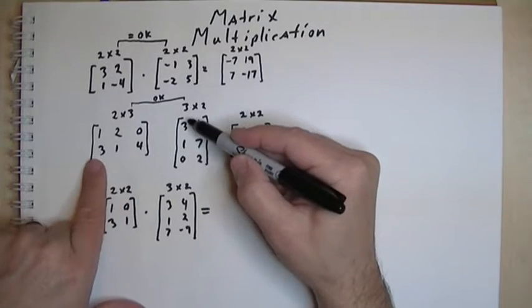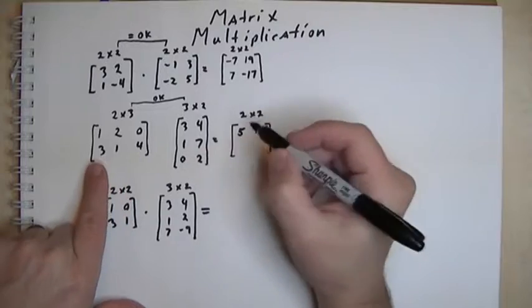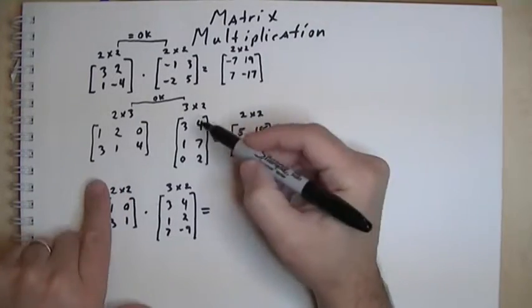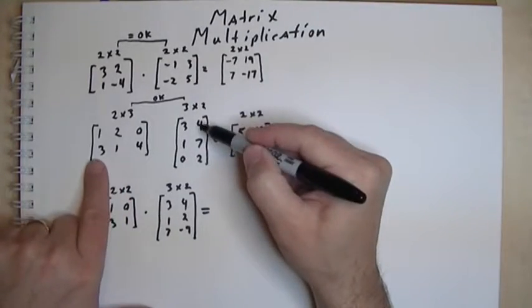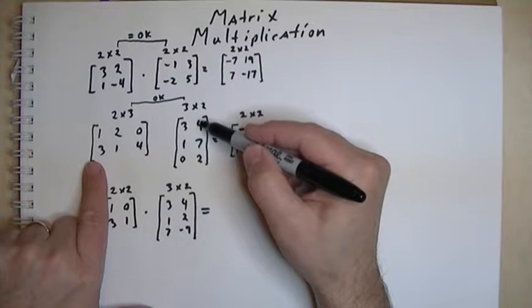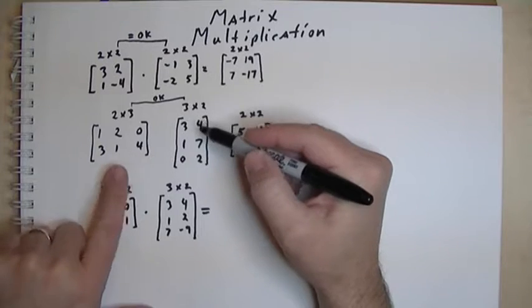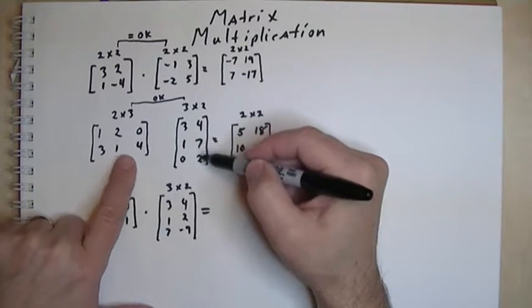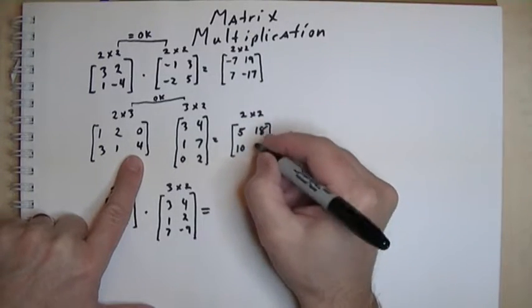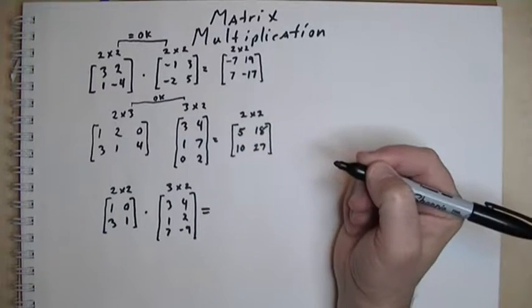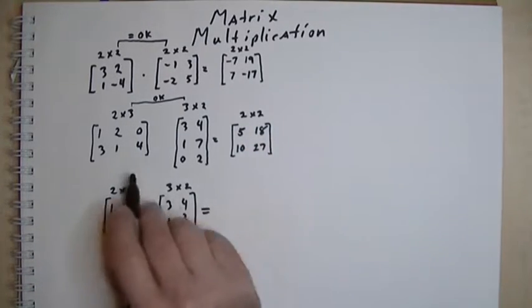I'll have a 9 and a 1 and a 0 for a 10. Second row, second column, this row and this column. I'm going to have a 12 and a 7 and an 8. 12, 7, and 8 gets me 27. Okay? And so that's how that can happen.